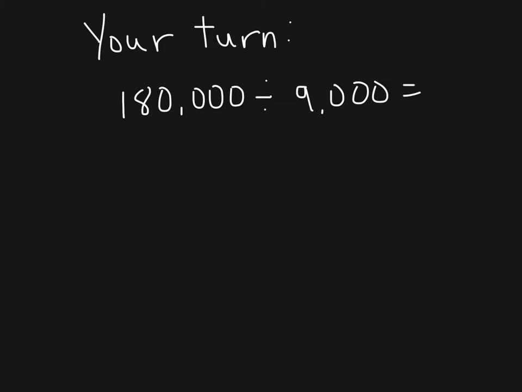But many of you do like using the place value chart, so that might work well. Or you can simply convert both numbers to the same unit, which would be thousands in this case, in which case you would have 180 divided by 9. So do your best, write your answer on the Edpuzzle quiz, and I'll see you in class tomorrow.